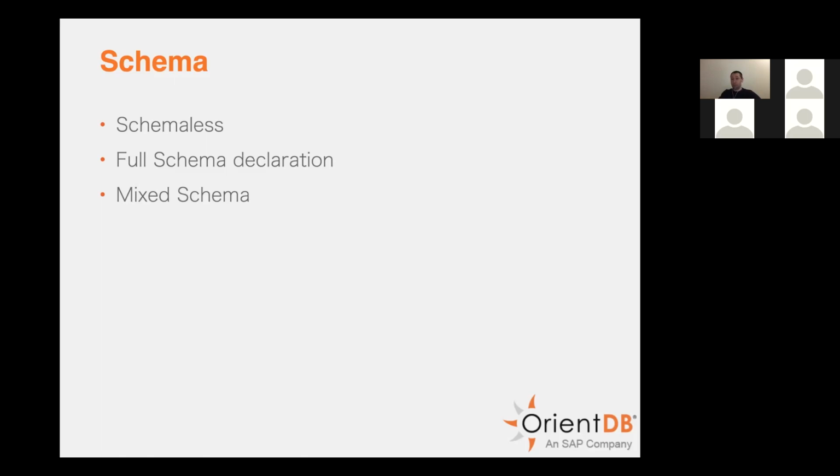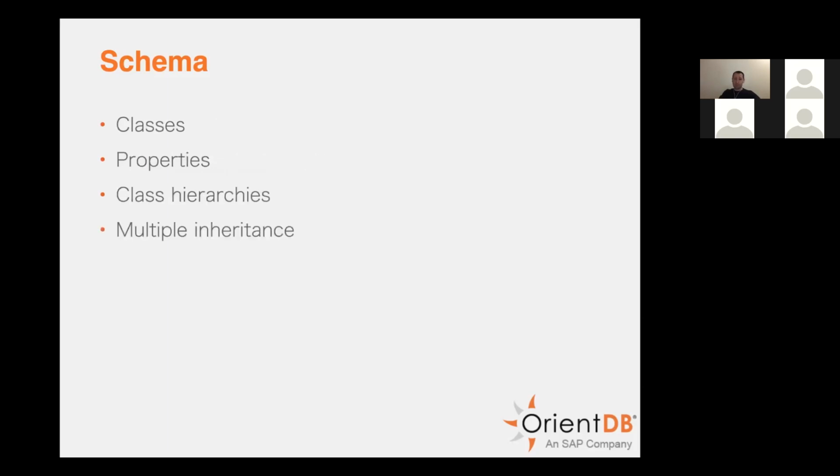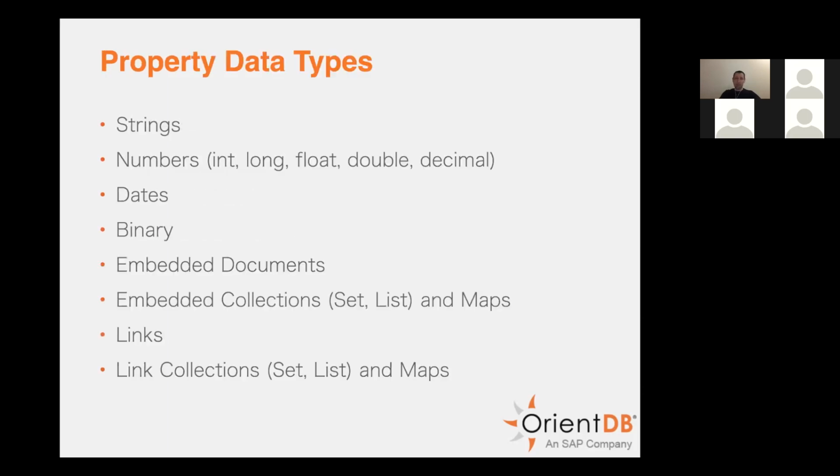So you can define that the person class has a name and a surname, and the employee class extends person and has an employee ID, and the employee ID is a string, and it is at least 10 characters long and at most 12 characters long, and it has to match a regular expression, and it is mandatory, and so on. So you can have constraints on your attributes. As I said, you have classes, properties, class hierarchies, and multiple inheritance.